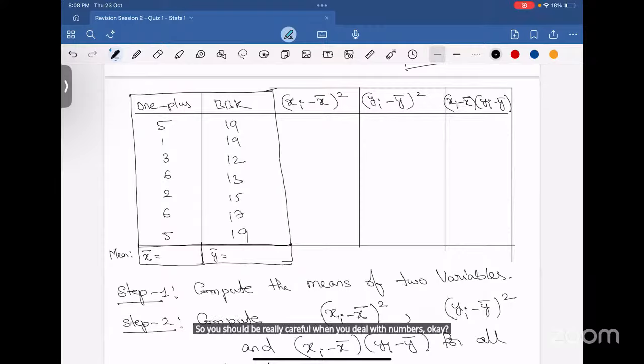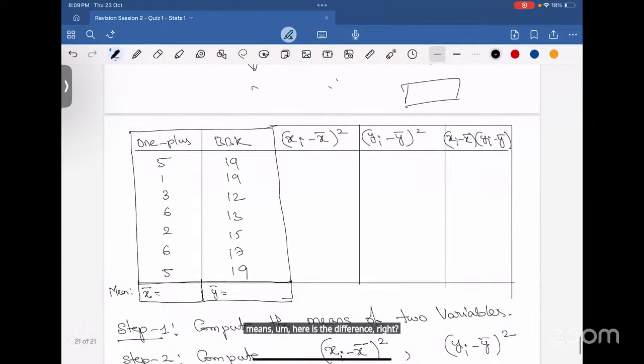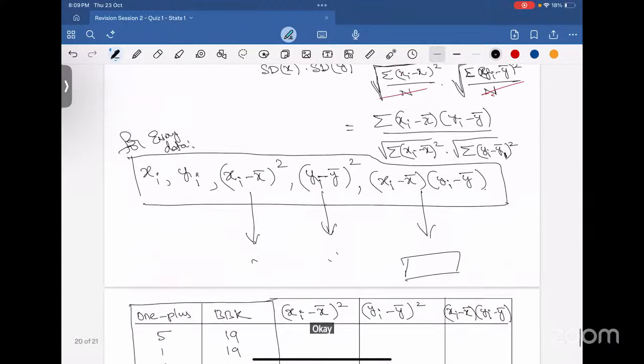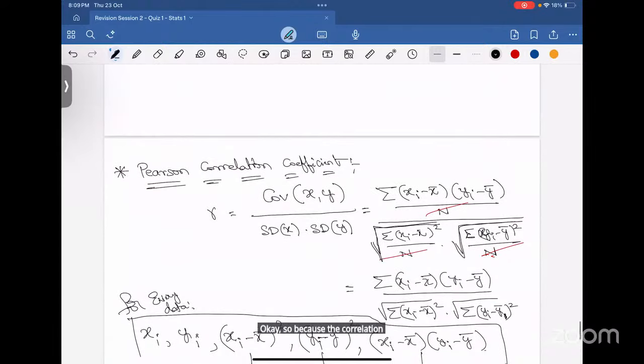Okay. So sorry to interrupt. Here is the difference, right? Here it is xi minus x bar whole square, and here you are writing xi minus x bar into yi minus y bar. Because for the correlation we have to take one more column then.